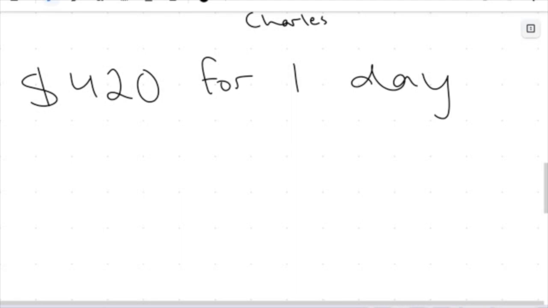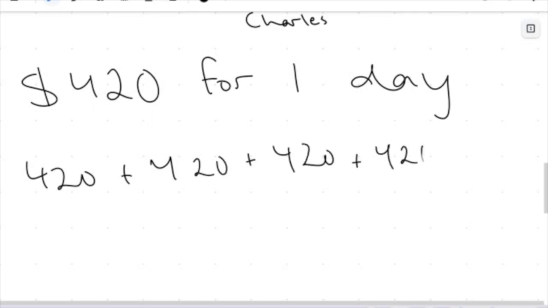I'm looking at $420 and 5 groups of that $420 because he's made 420 1, 2, 3, 4, 5 days in a row. So we have, in other words, 5 groups of $420.